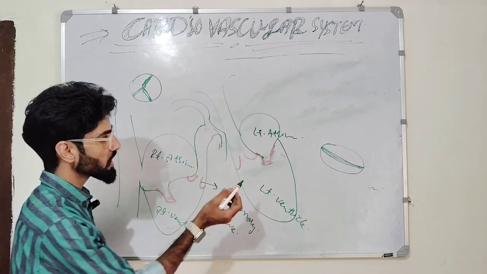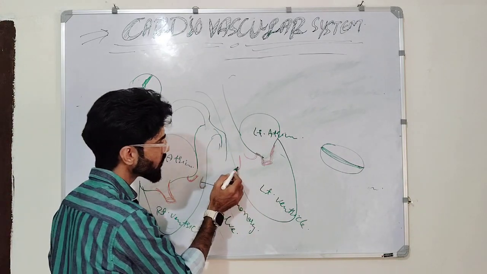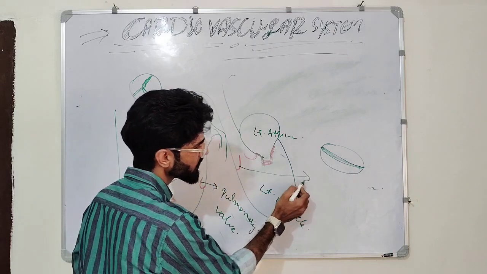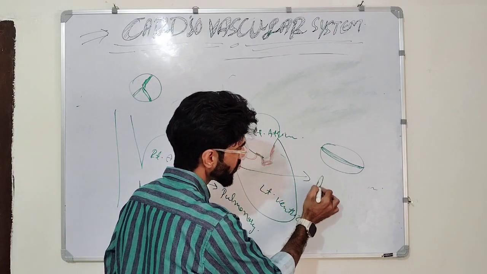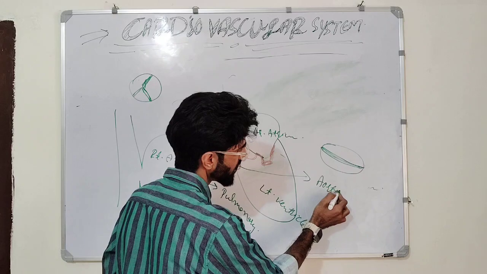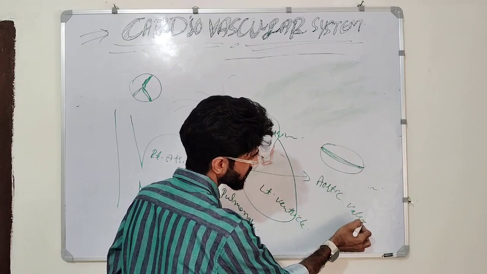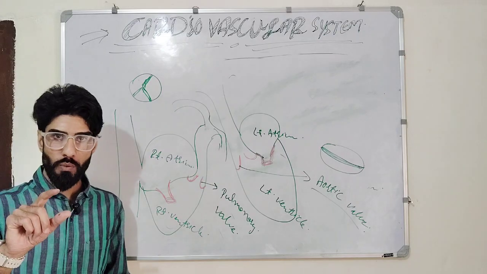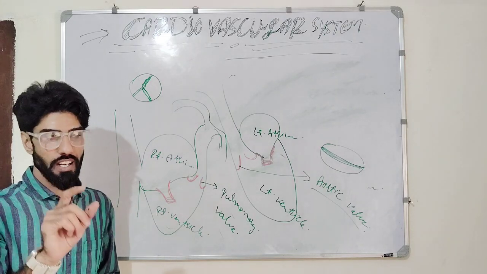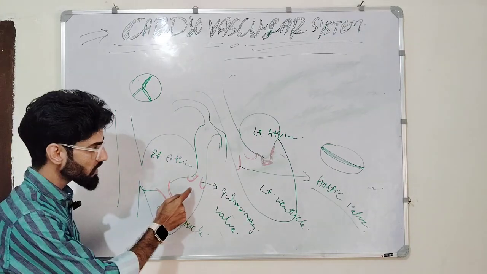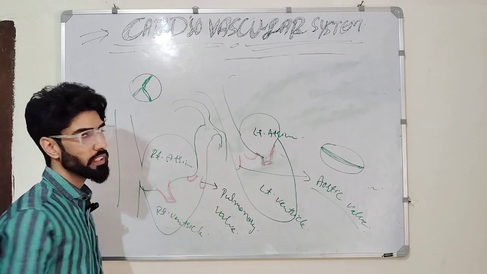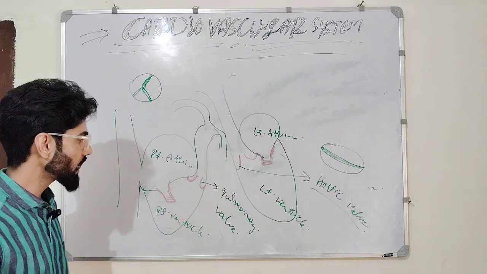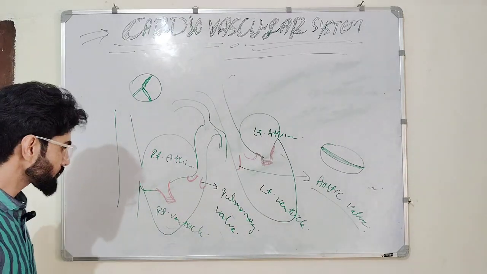And the valve between the left ventricle and the aorta is called the aortic valve. So two inflow valves, mitral and tricuspid, and two outflow valves, pulmonary and aortic. I hope this is clear to you.